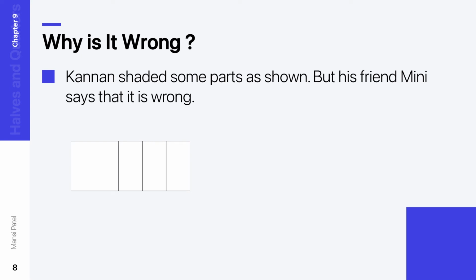Here you can see this is one figure and Kanan shaded some parts of this figure like this: the first part, second part, third part and fourth part. Now his friend Minnie says that the shaded part is wrong. Why is it wrong? Let us discuss.